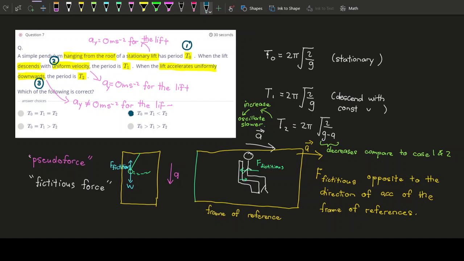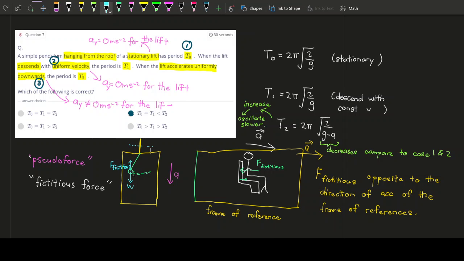If you cannot understand all the fictitious force things over here, one other way you can think about it is this. You might remember a question that has a lift connected to a cable, and then the cable snaps and the lift falls. This lift is undergoing free fall, so everything inside it will be undergoing free fall as well.